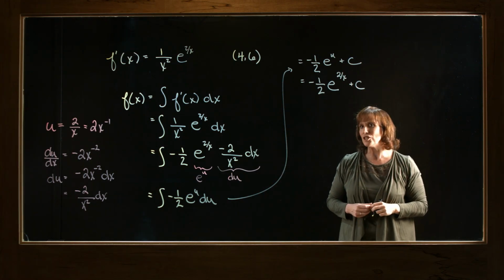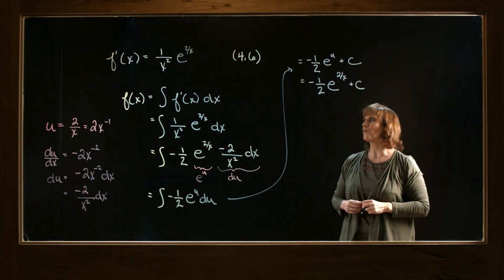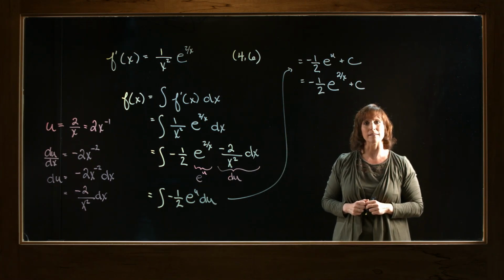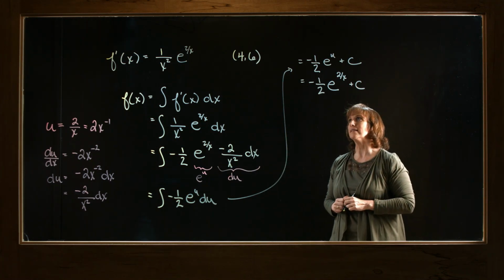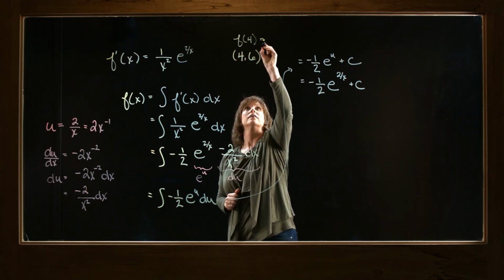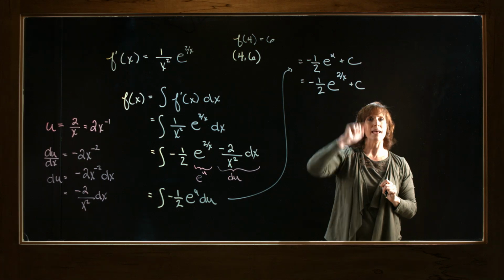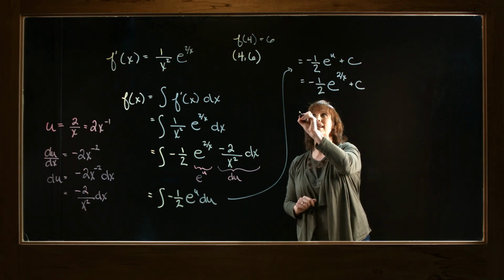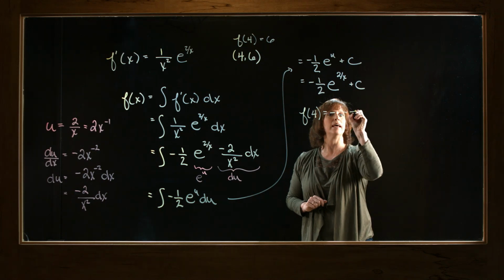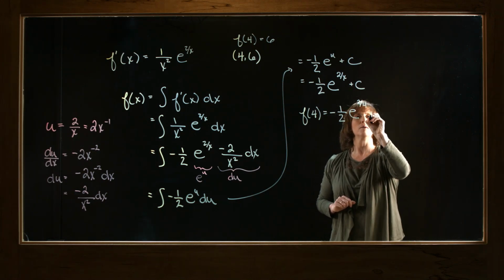Now, if all I had to do was find the indefinite integral, I'd be done. But I'm trying to look for that function f that passes through the point (4, 6). And remember what that means. That means that f of 4 equals 6. So I'm going to use 4 as my input. And I'm going to say that f of 4 equals negative 1/2 e to the 2 divided by 4 plus c.